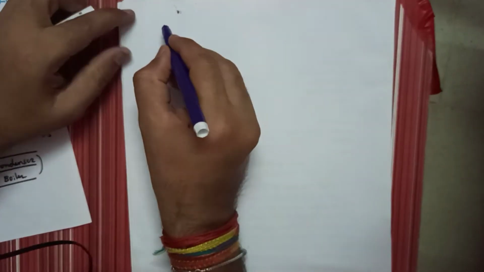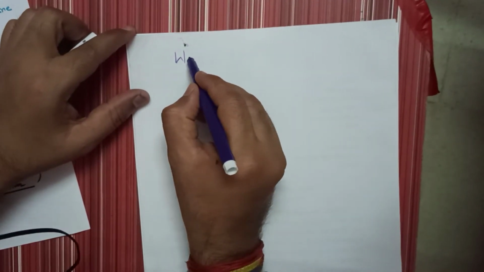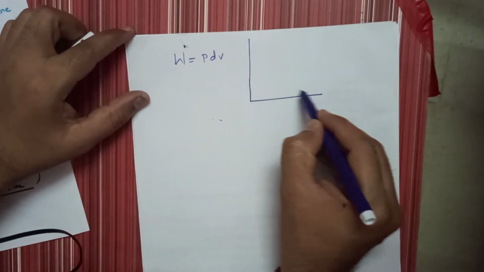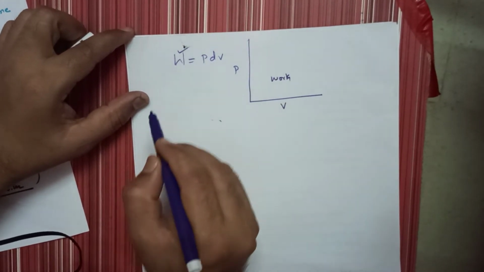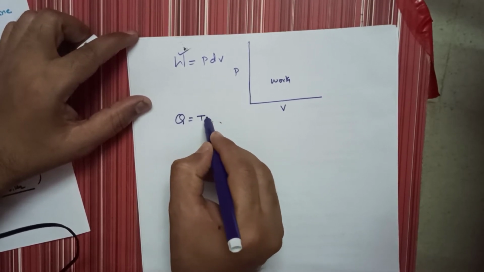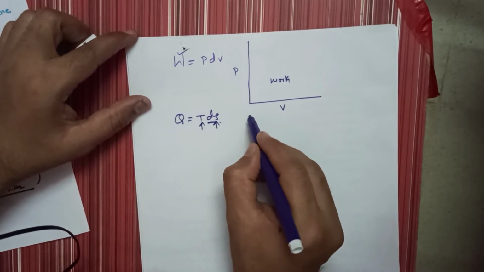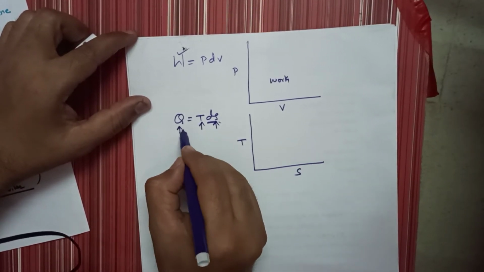The area under the PV diagram, that is work, is equal to PdV. The area under the PV diagram will give the work transfer. The area under the TS diagram, that is Q is equal to TdS, temperature and entropy. That area under the TS diagram will give the heat transfer value.